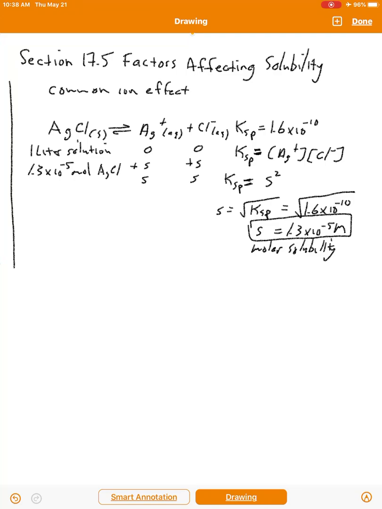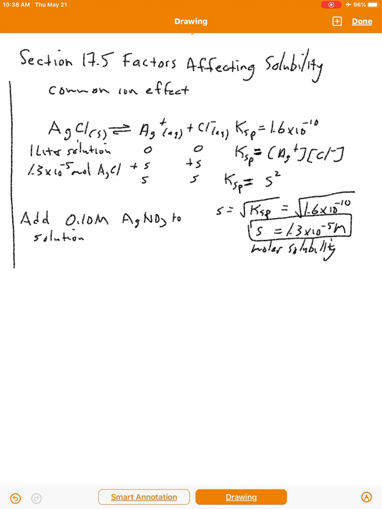Now what we're going to do is add a little bit of silver nitrate to the solution, 0.10 molar. Now it turns out 0.10 molar is actually a pretty high concentration, but I want to show you the effect of this.